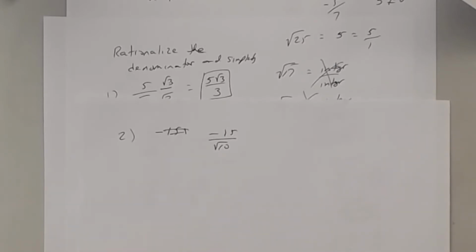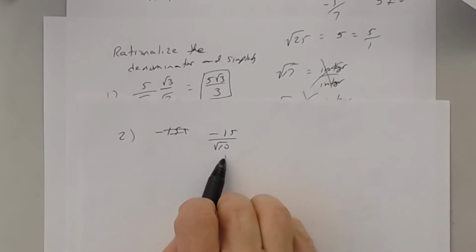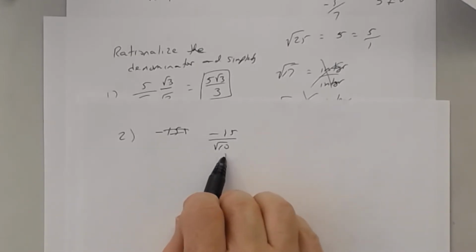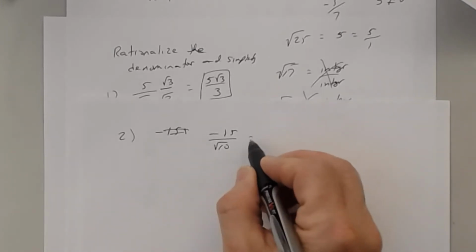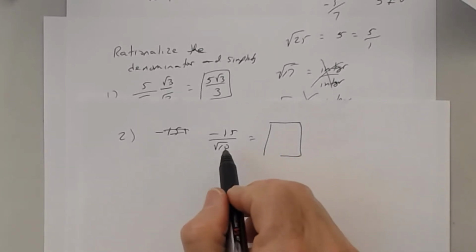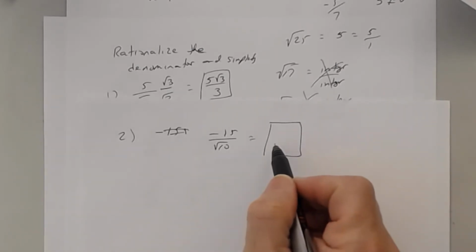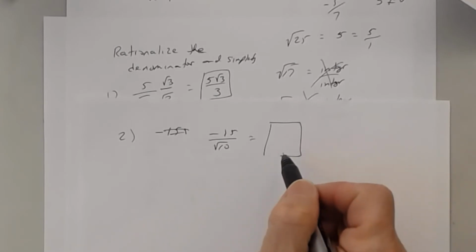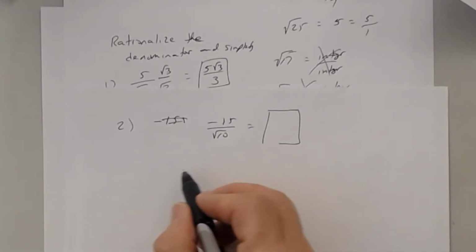Now notice the square root of 10 is rational or irrational? It's irrational. So right now my denominator is irrational. I want to make it what kind of denominator? Rational. So I want to find what this fraction is equivalent to with a denominator that's rational.